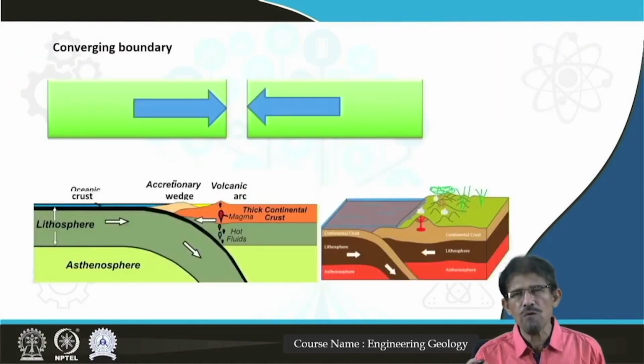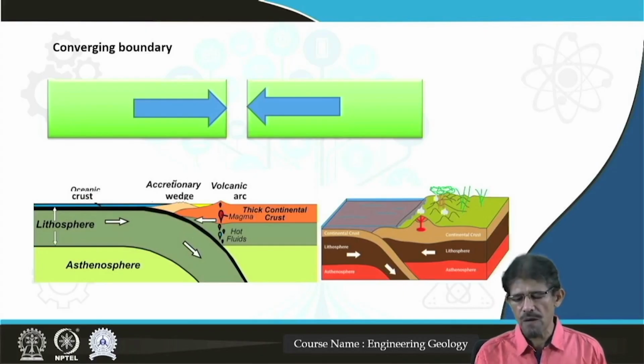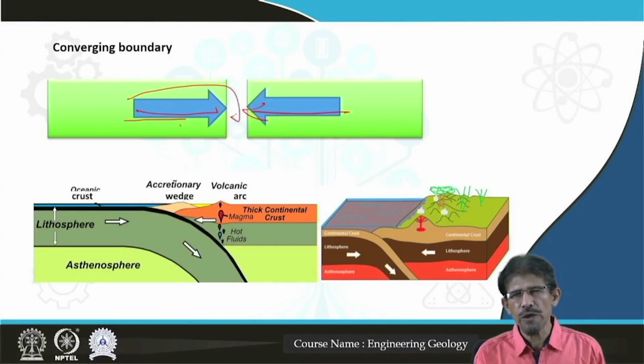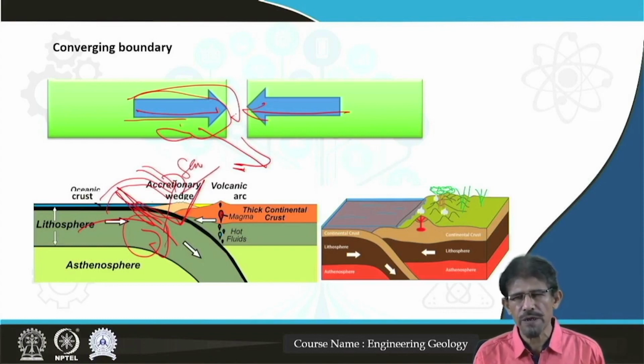The next type of boundary is the converging boundary, in which two plates collide with each other, and after collision the heavier plate moves downward, which is responsible for underthrusting. Due to underthrusting, a trench type of structure develops. In the trench, material fills, and sometimes a sea also, as in the geological past we have reported the Tethys Sea.